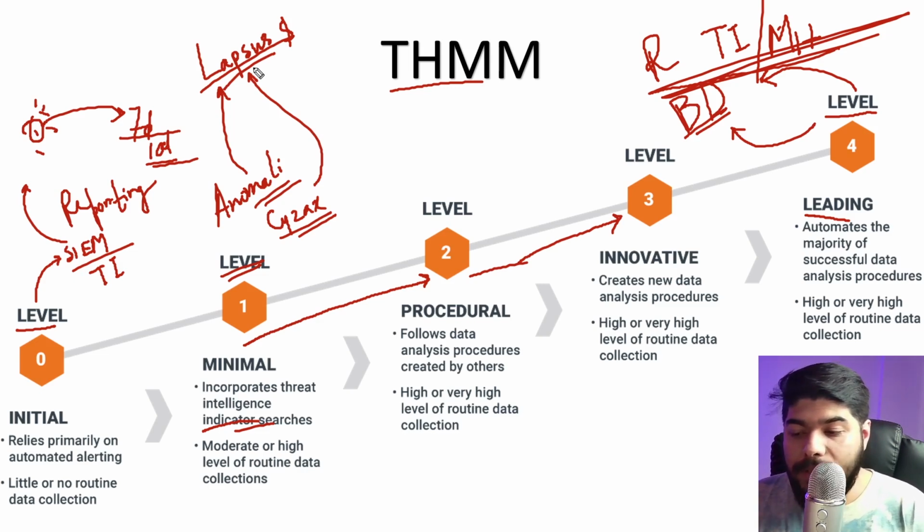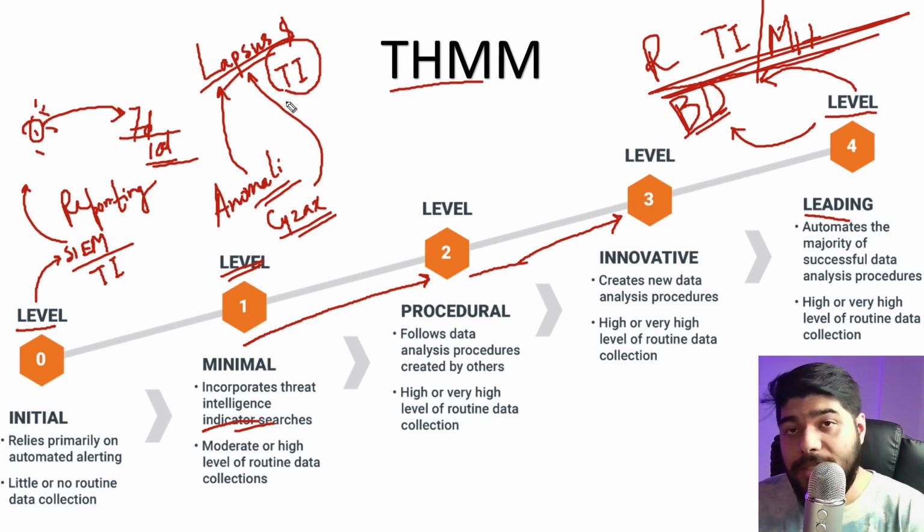I'm not saying that indicator of compromise means you are already compromised, so that there is nothing hunting we are doing. The scenario is not like that. You are actually leveraging all that threat intelligence data which is already publicly available.